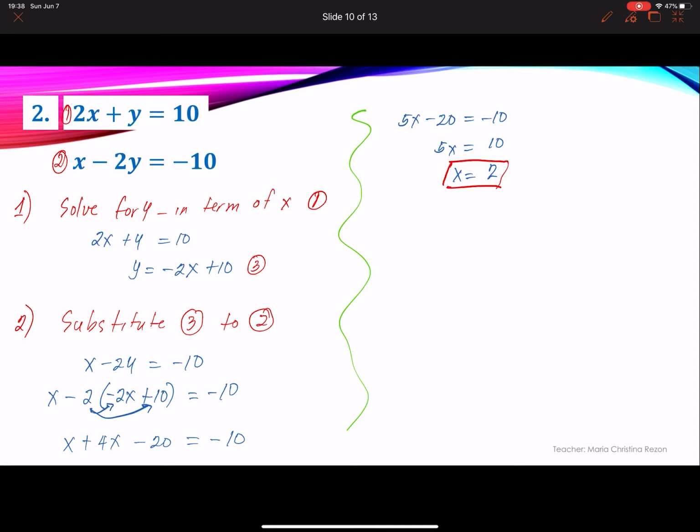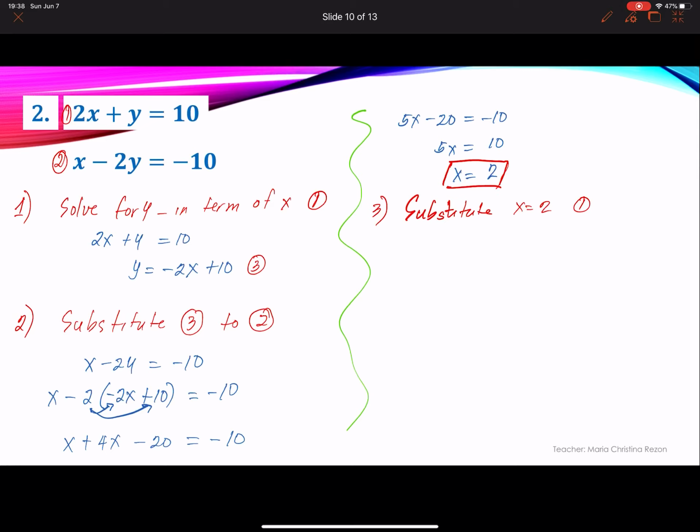What's the next thing that you're going to do? Substitute. So the third step that you're going to do is substitute x is equal to 2 to either of the equations here. So let's just choose equation 1.